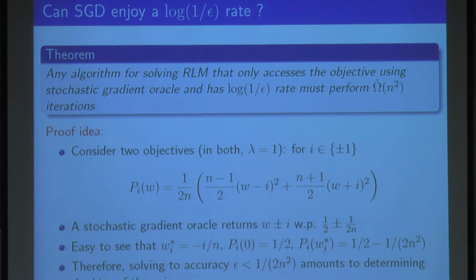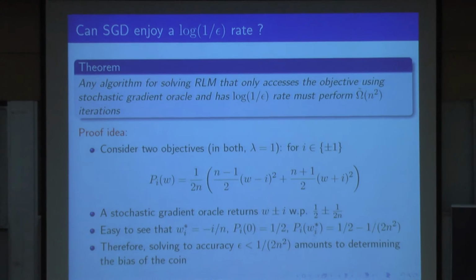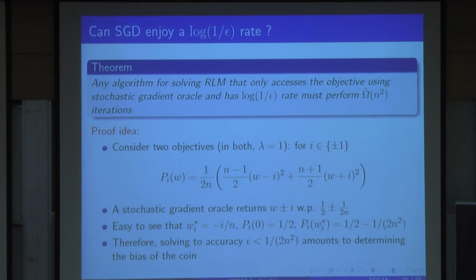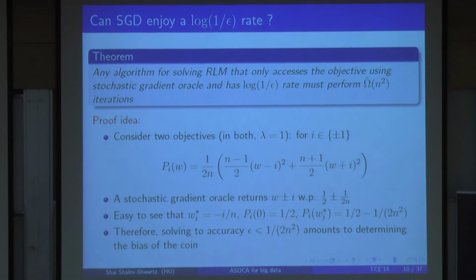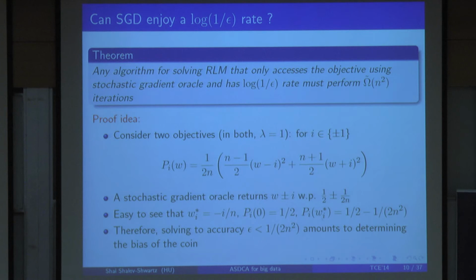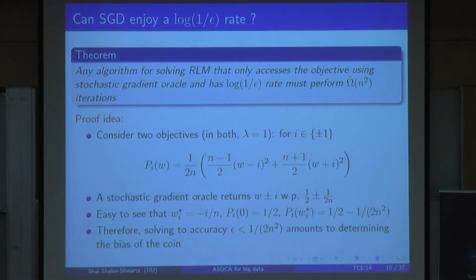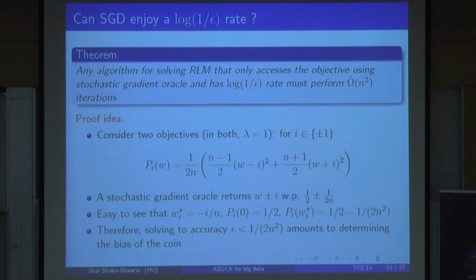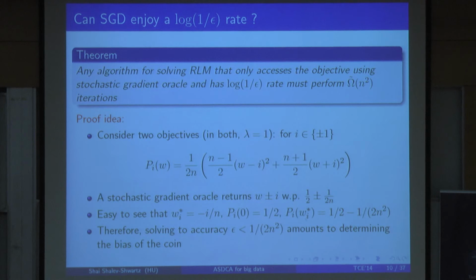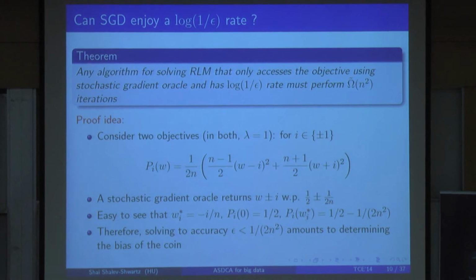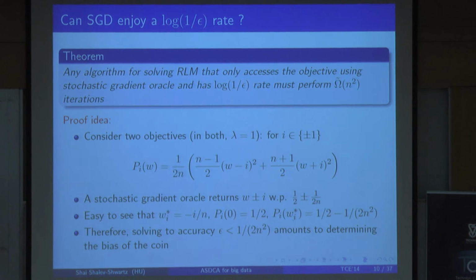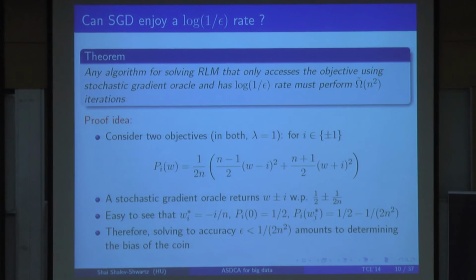Just look at 2 objectives, which are part of the regularized loss minimization framework. In both of them I have almost exactly the same number of examples, both just in one dimension. Half of the positive examples are here, half of the negative examples are here, and now I have one more example, which I can put either here or here.